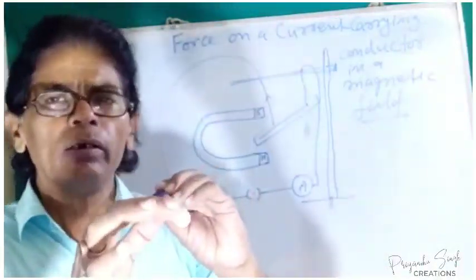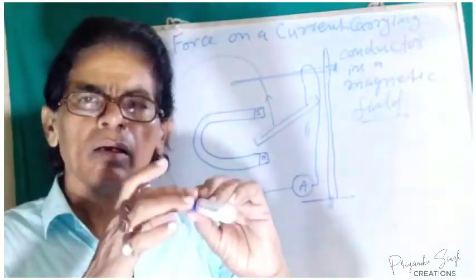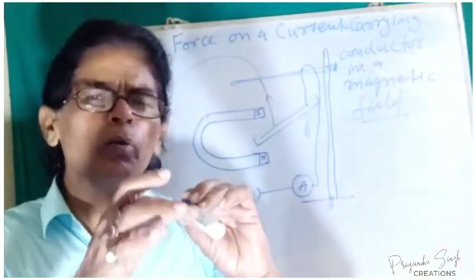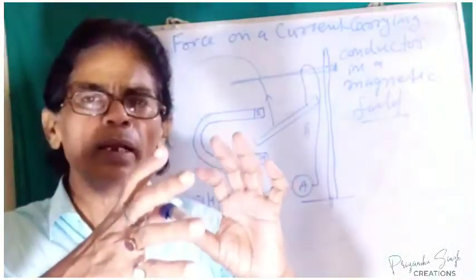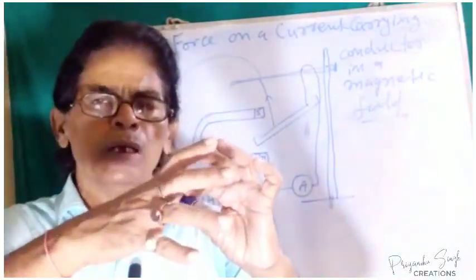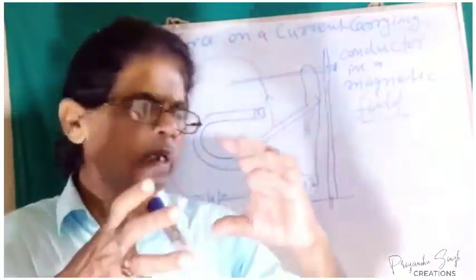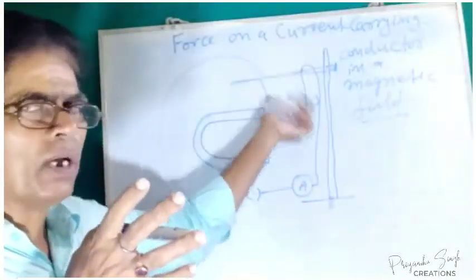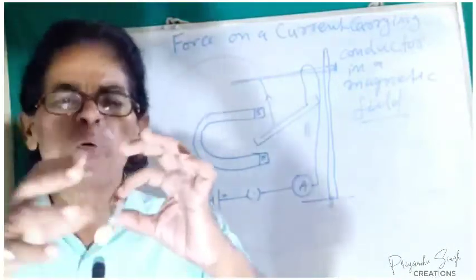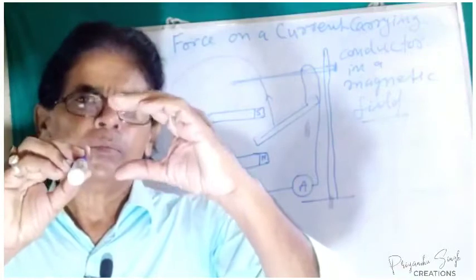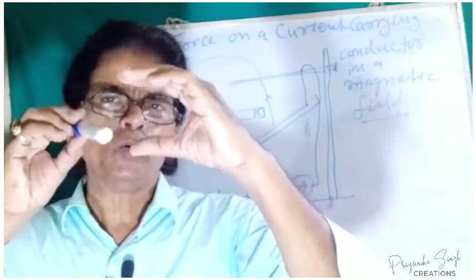This aluminum rod is tied with thick copper wire along its length, and with the two ends of this wire it is suspended through the rods of the stand, in such a way that it lies between the north and south pole of a U-shaped magnet.